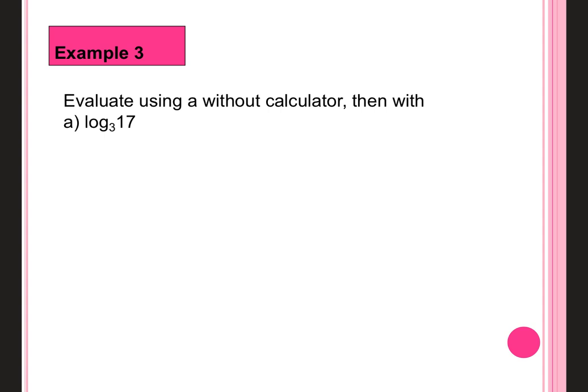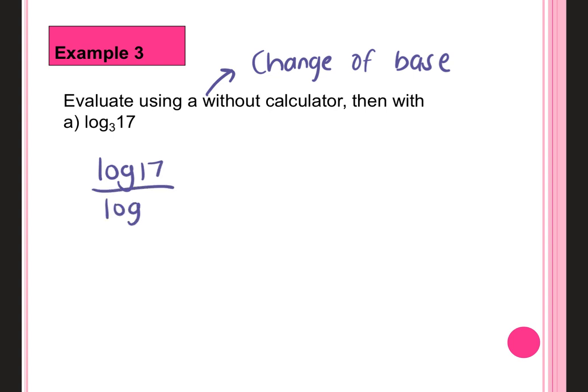All right. Now, the first part of this is going to be evaluating without the calculator, and then we're going to evaluate with a calculator. So the way I write it without a calculator, this is called change of base, is you put log of the bigger number by way of physical size, not value. So the biggest thing there goes in the top. I would rewrite this as log of 17 over log of 3.